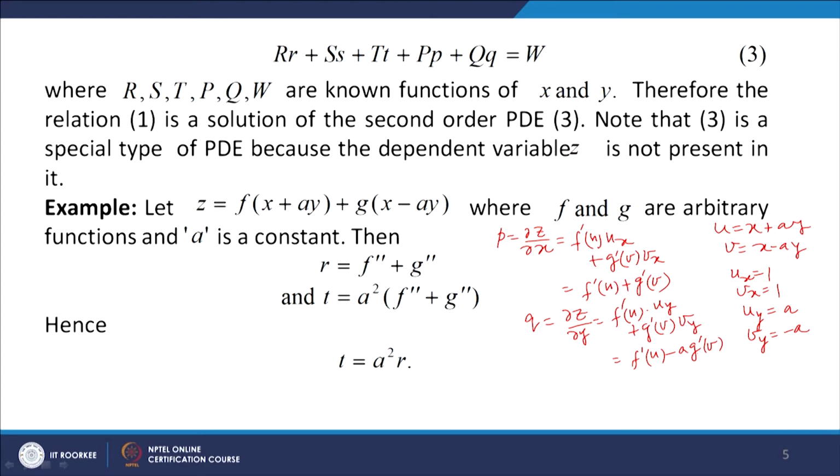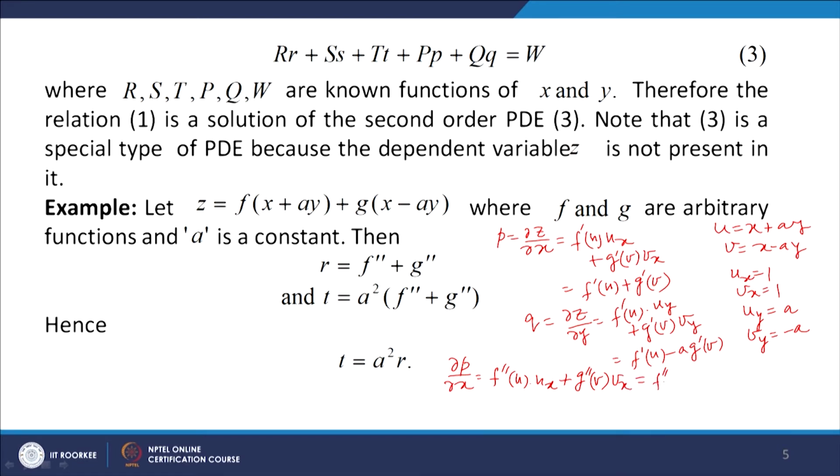Now let us differentiate this equation p equal to f dash u plus g dash v once more with respect to x. The partial derivative of p with respect to x will be equal to f double dash u into ux plus g double dash v into vx, and we know ux and vx are 1 each.